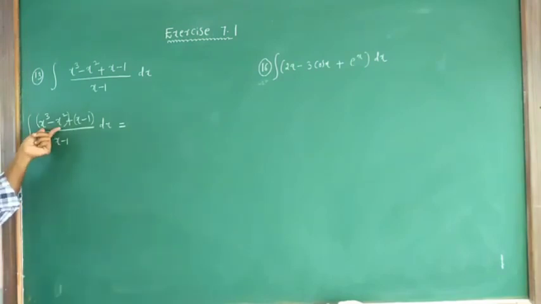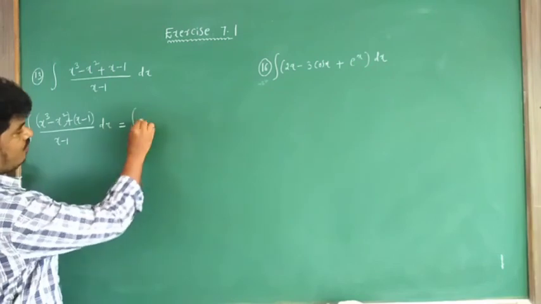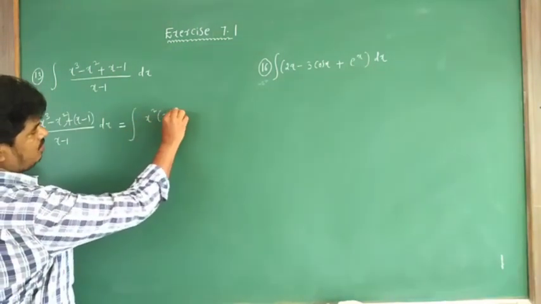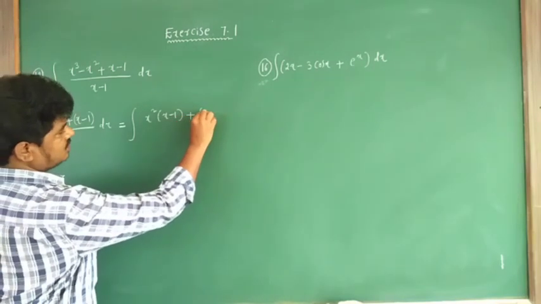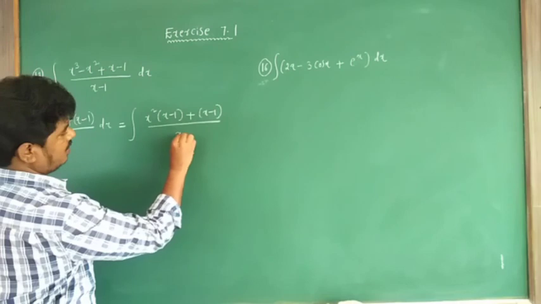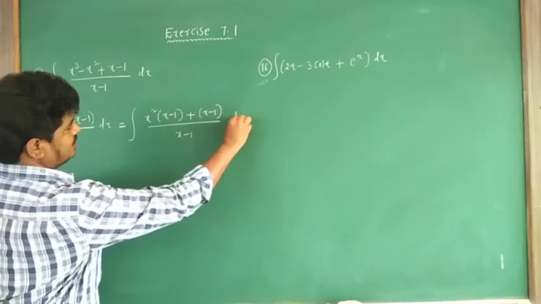From these two we can take x square common. So integral of, by taking x square common, we will get x minus 1 plus x minus 1 divided by x minus 1 dx.